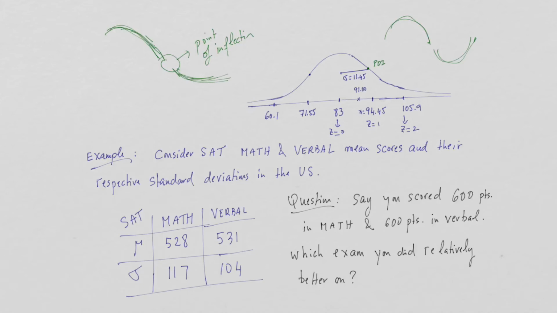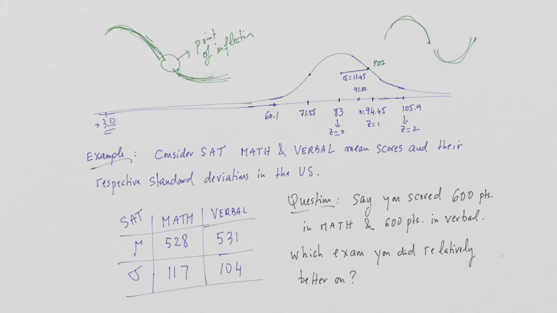Now 20 is bad because it's so far away from 83, and it is over 7 standard deviations away. So -1, -2, -3, -4, -5, -6, -7, and some change. 20 turned out to be somewhere in here.